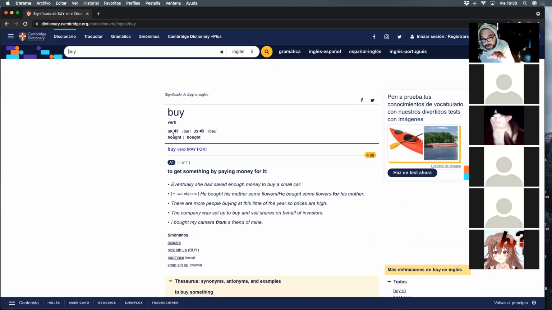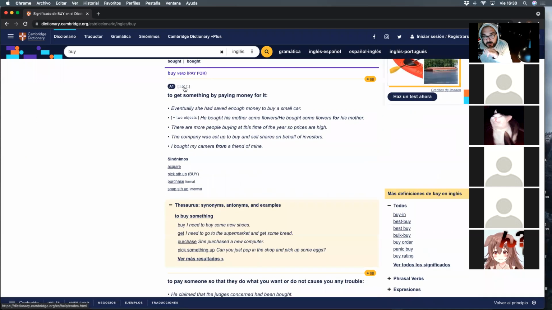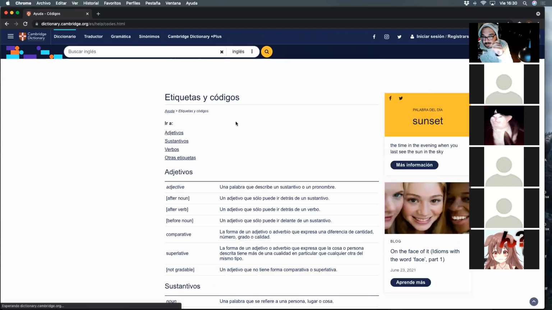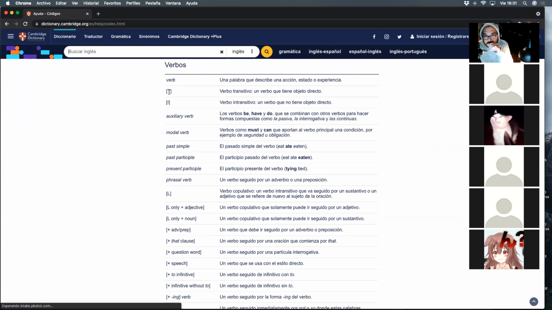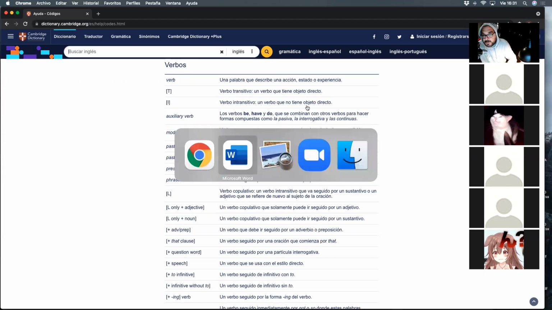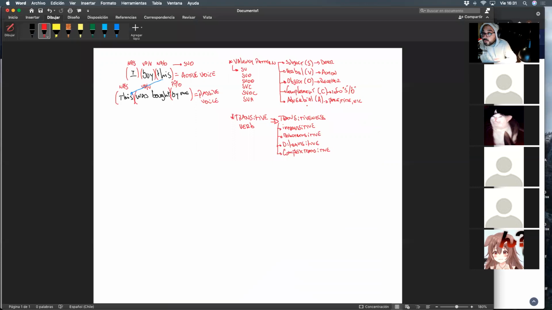Buy is a verb, pronounced in British English and in American English, and it is irregular because they provide us with the two different forms, and then they say I or T, which means, I'm going to click on that. T means transitive verbs, un verbo que tiene un objeto directo. I, verbo intransitivo, un verbo que no tiene objeto directo. Therefore, the verb buy is a transitive or intransitive verb.